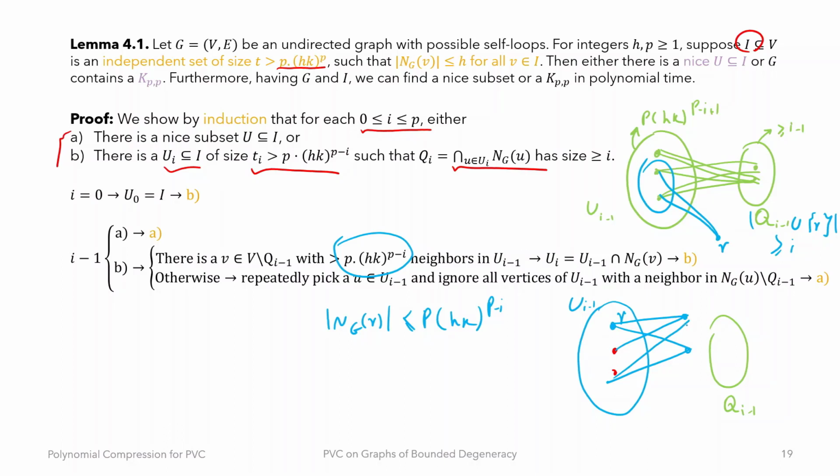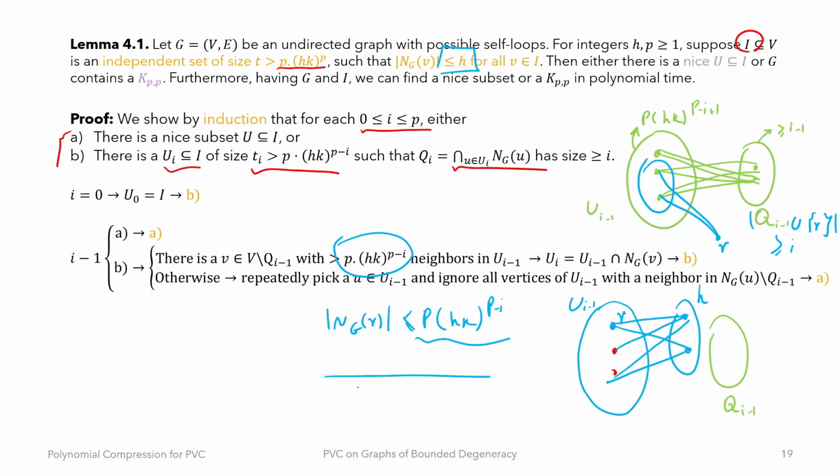In one step, note that V has at most H neighbors. So here we have at most H vertices, and any of them is connected to this many vertices at most.